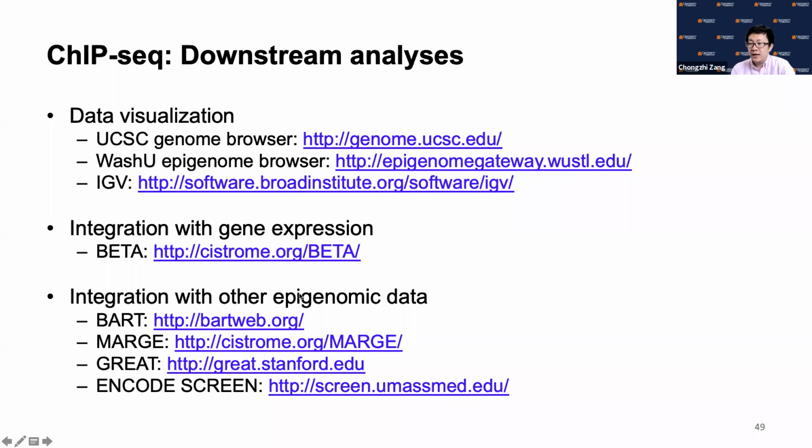And several other epigenome data integration and analysis tools are just listed here for you to go ahead and browse these websites to see what they do.